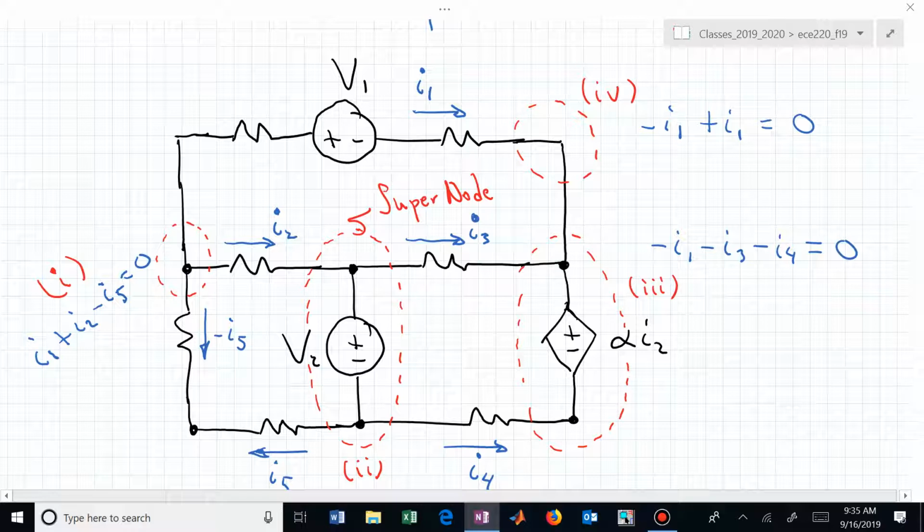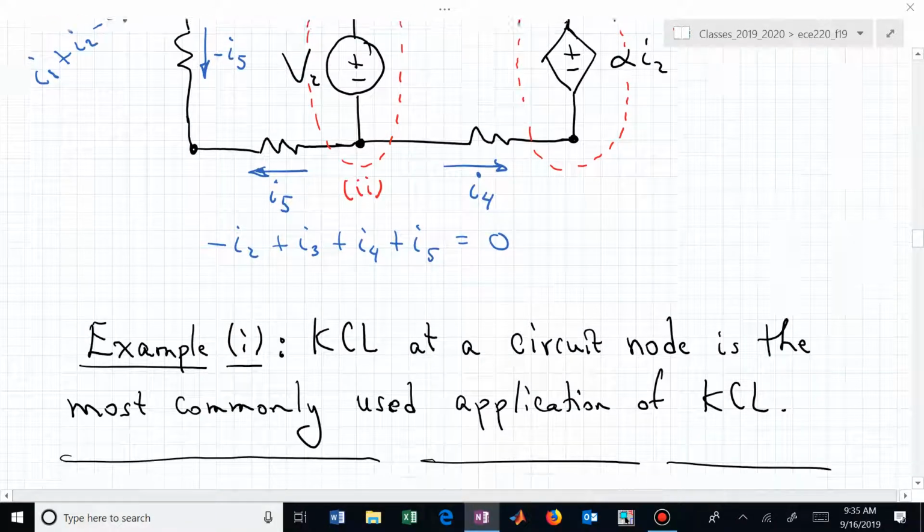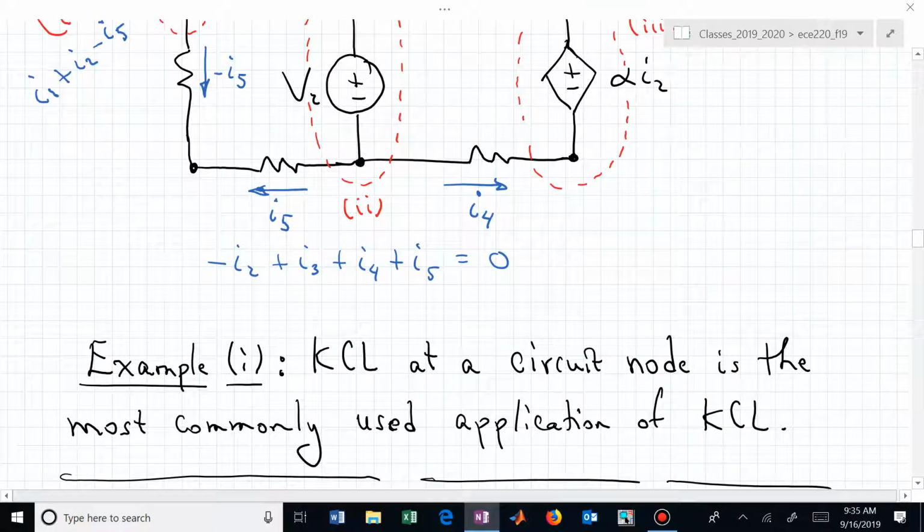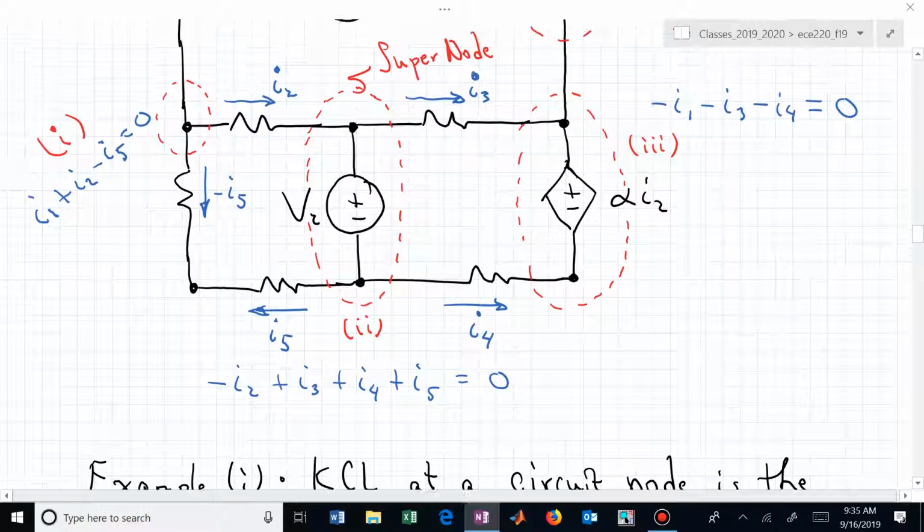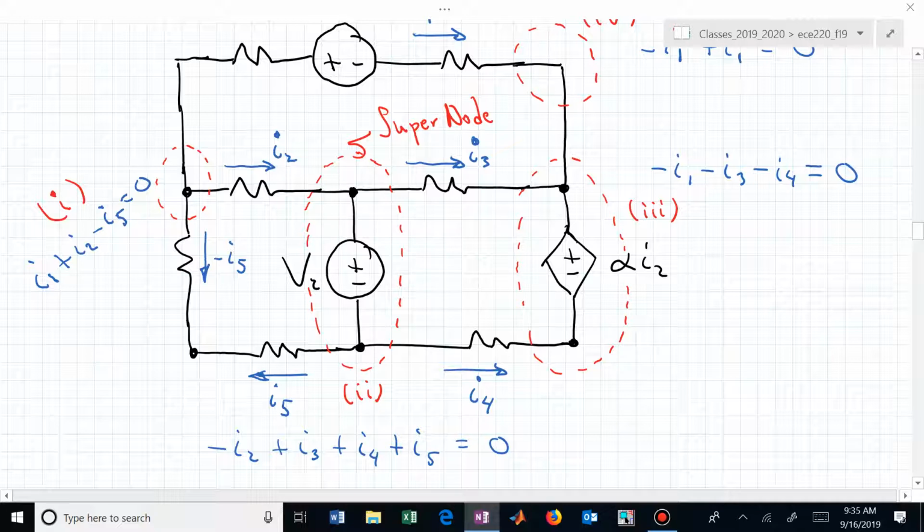The current coming in is going to equal the current coming out. But we can still write KCL. So KCL at a circuit node is the most commonly used application. That's example I. So you better be able to do I. And if you now labeled those appropriate essential nodes or node voltages, you could write I1, I2, and I5 or minus I5 appropriately.